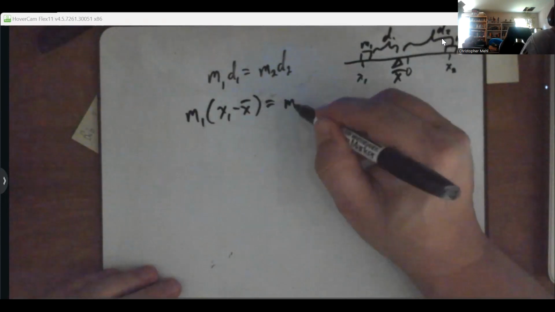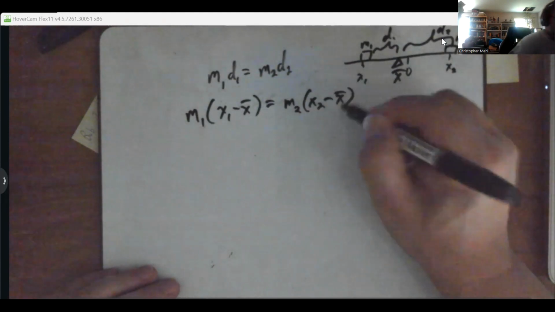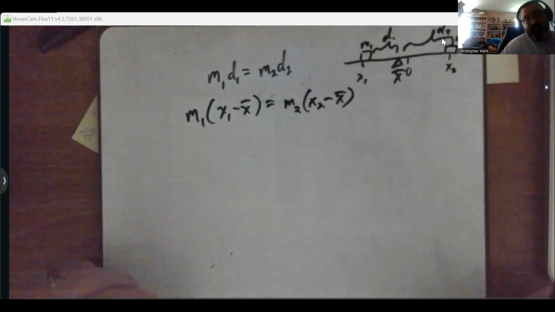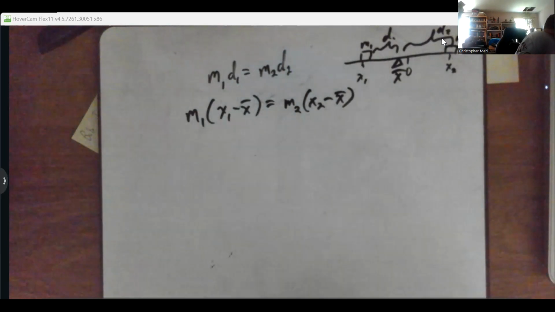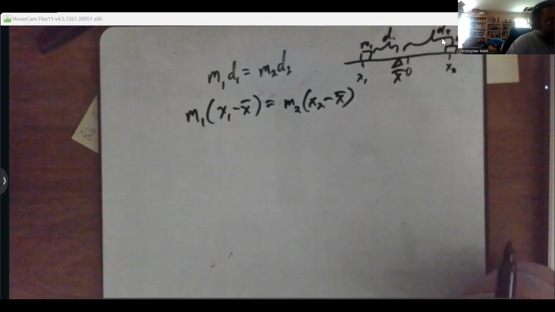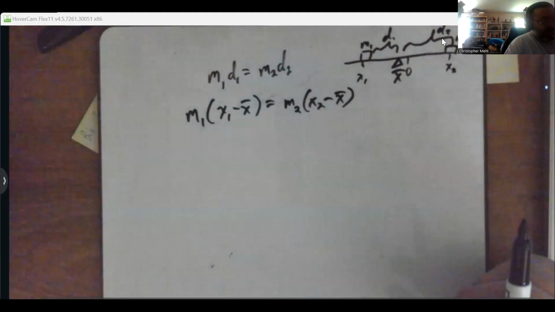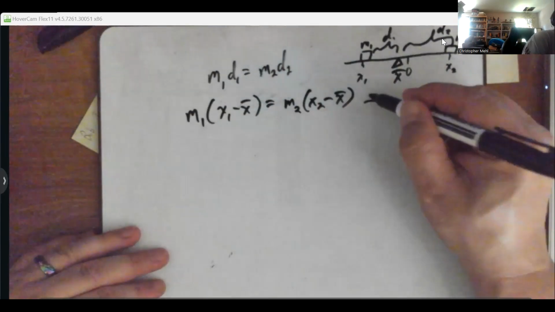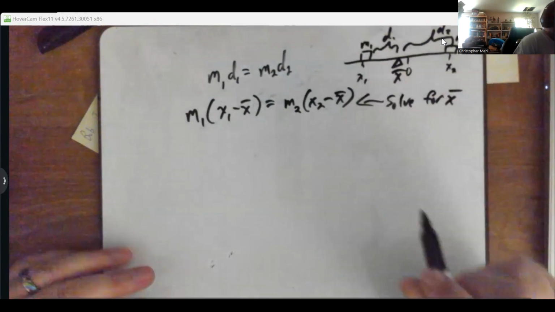And that has to equal mass 2 times the distance from its x coordinate to x bar. X bar is our center point, whatever that center point is. Now, suppose I know mass 1 and its coordinate, and I know mass 2 and its coordinate, then what is the center point? We would take this and solve for x bar.